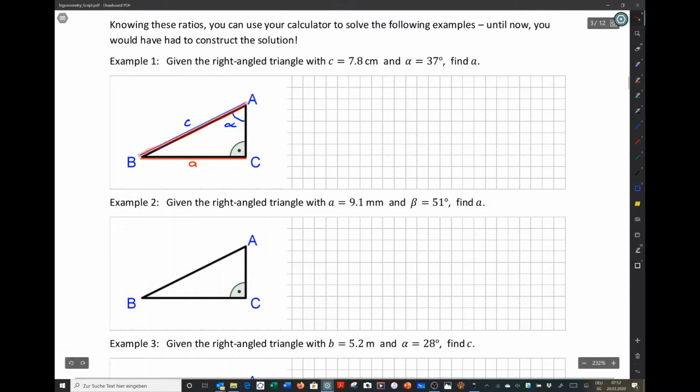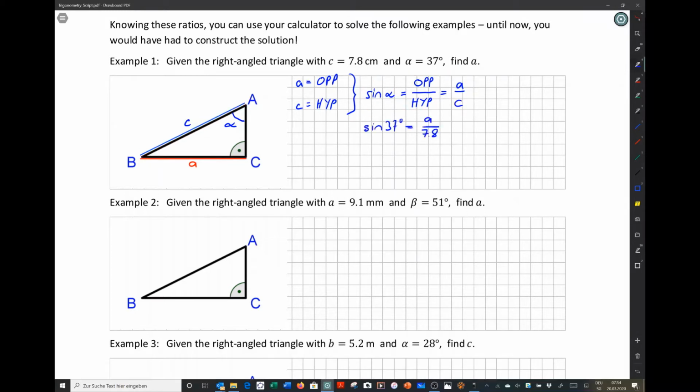C is the hypotenuse, A is the opposite, so opposite and hypotenuse appear in the ratio of the sine. So we use the trigonometric function sine of alpha, which is opposite A, divided by hypotenuse C. By inserting the values for C and alpha, we get sine of 37 degrees equals A divided by 7.8.